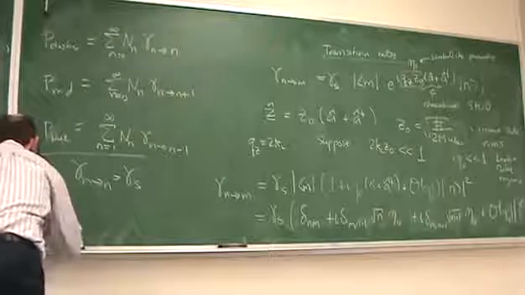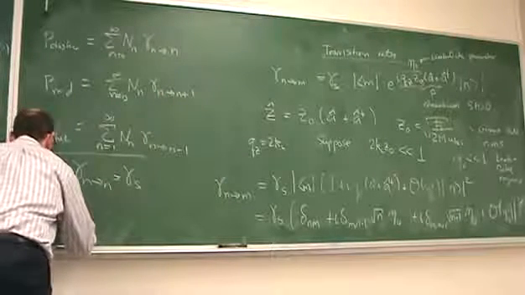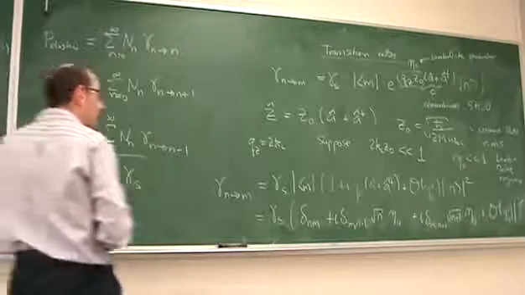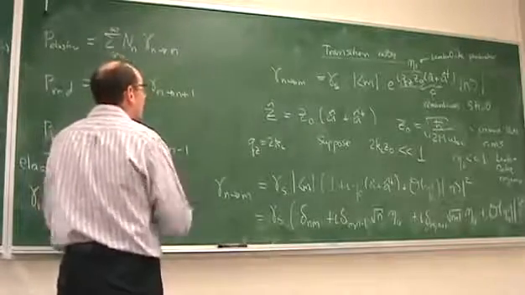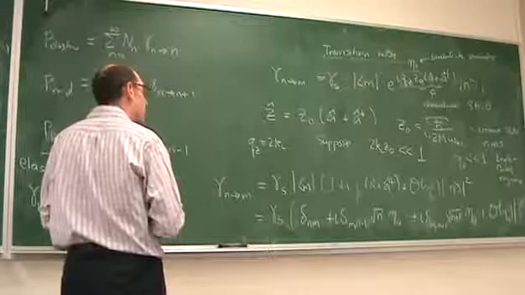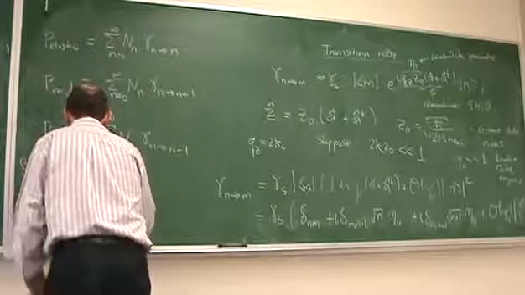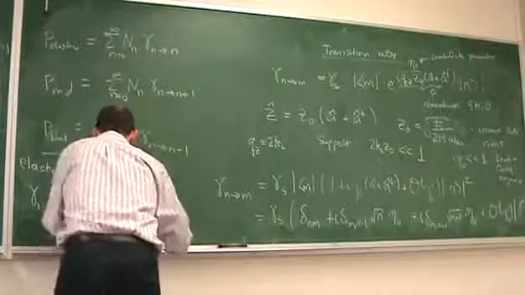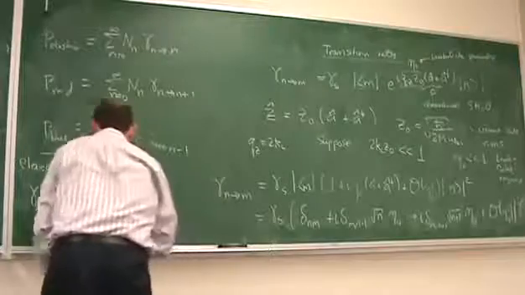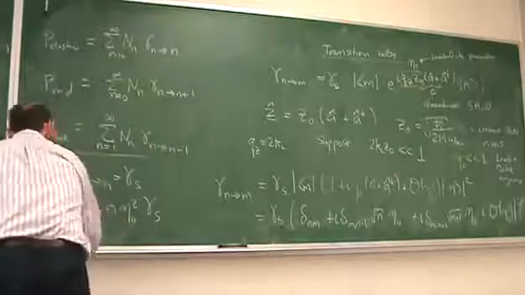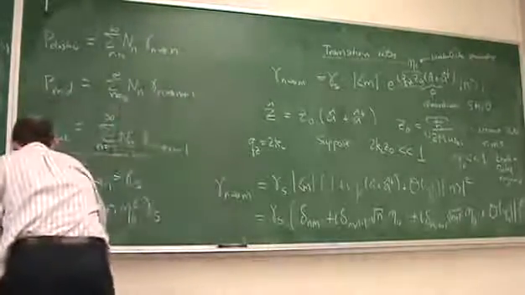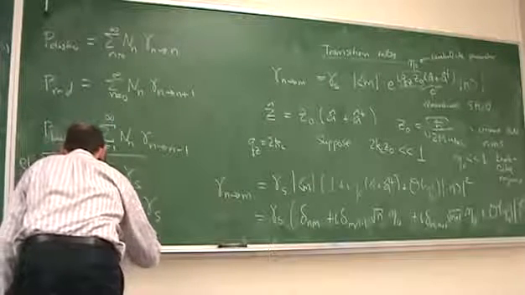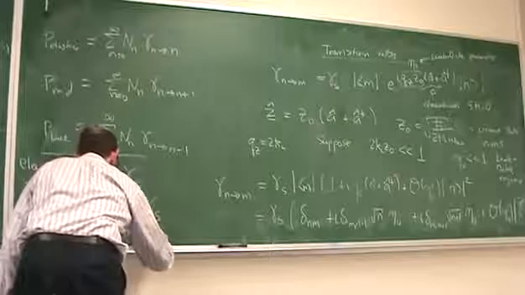So the scattering from n to n minus 1, this is the case that gives me a bluer scattered photon than I started with, is equal to n eta naught squared times the scattering rate. And the one going up by 1 is n plus 1 eta naught squared.